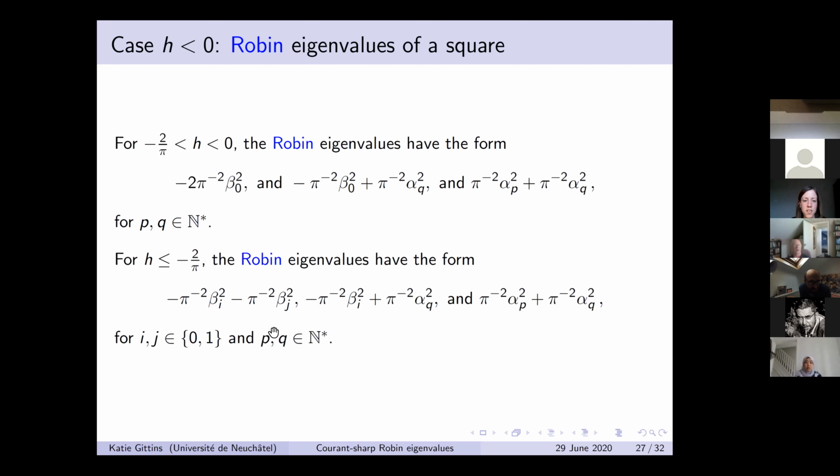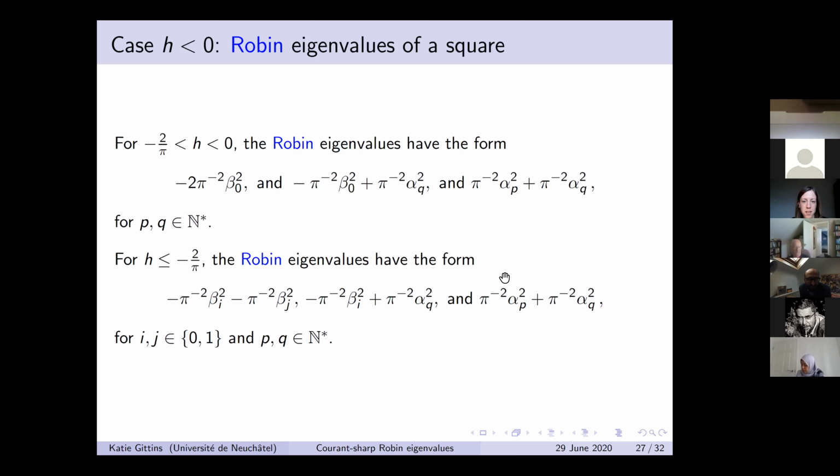The ones given by 2 betas are always negative, the ones given by 2 alphas are always positive, but the ones in the middle, given by 1 alpha and 1 beta, will be negative for a certain value of h. For h negative and sufficiently large in absolute value, these will be negative, and they'll have multiplicity 2 in that case.